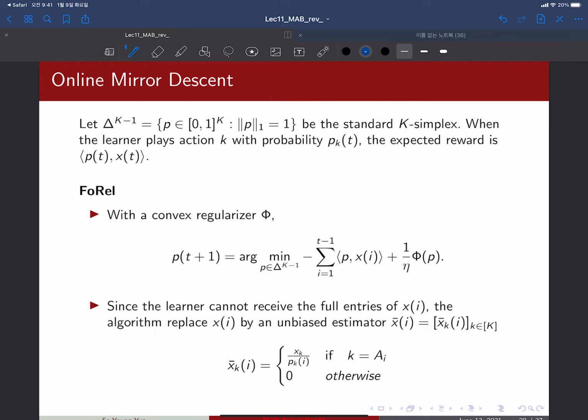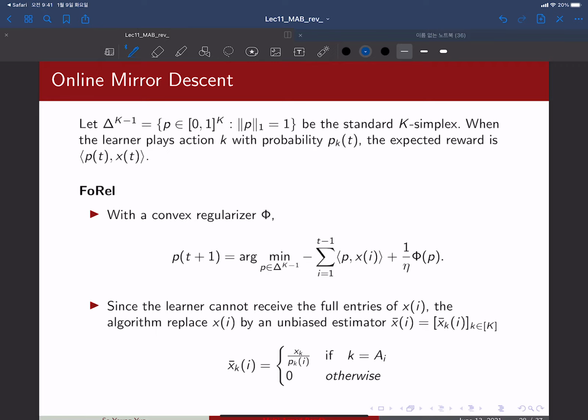So I made a mistake last time when I explained online mirror descent for the adversarial bandit case. At that time, I didn't mention the range of the reward. Essentially, all the theorems I explained before hold only when the reward is negative.